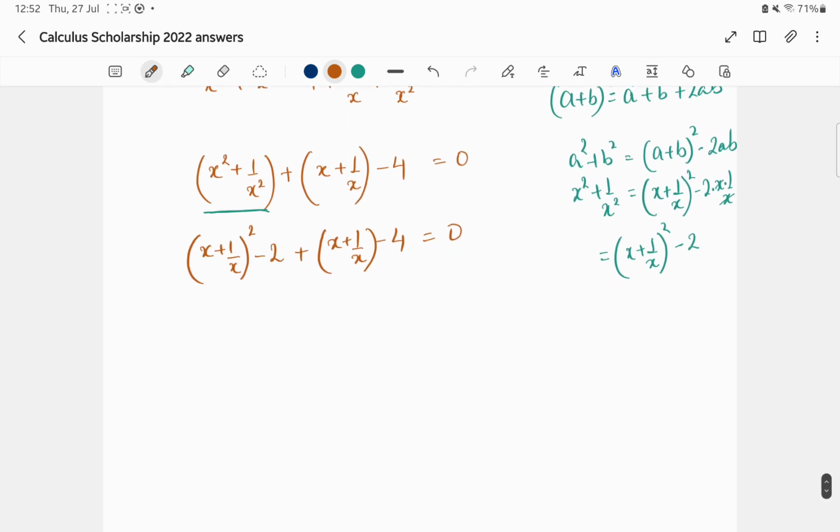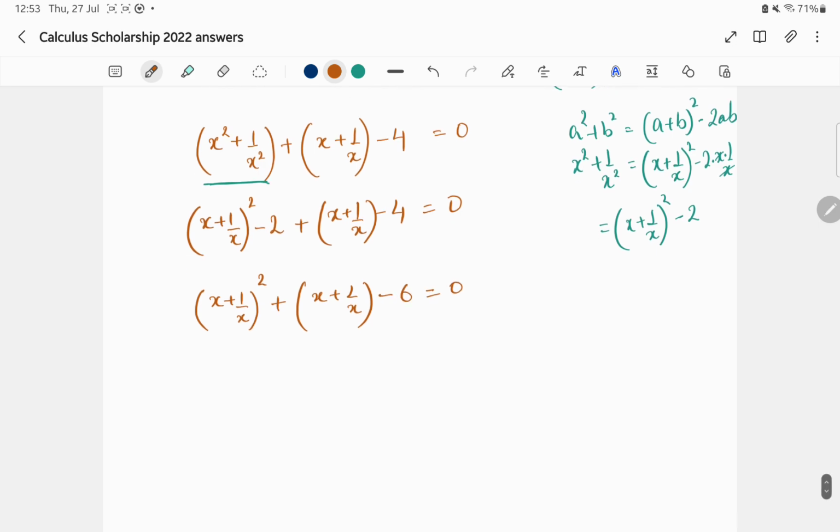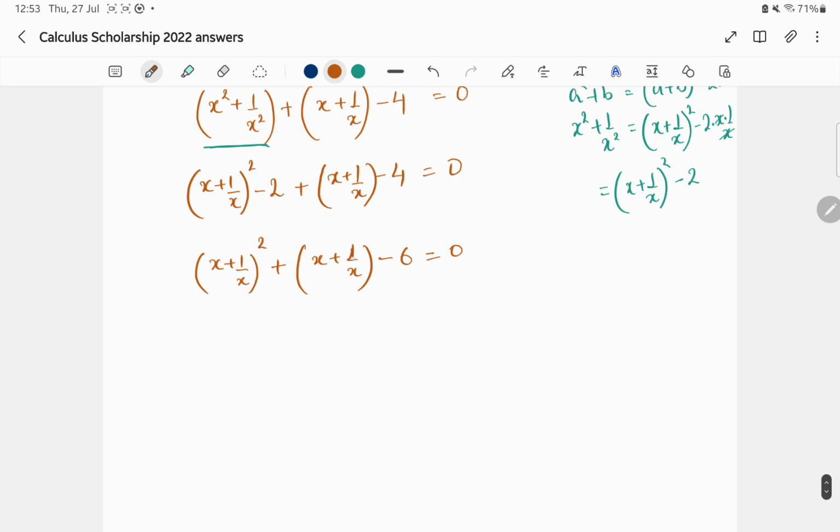Now let's simplify this as much as we can. So we have x plus 1 over x whole squared plus x plus 1 over x minus 6 is equal to 0, right? Now here, this is a quadratic equation, we just have some funny variables there.